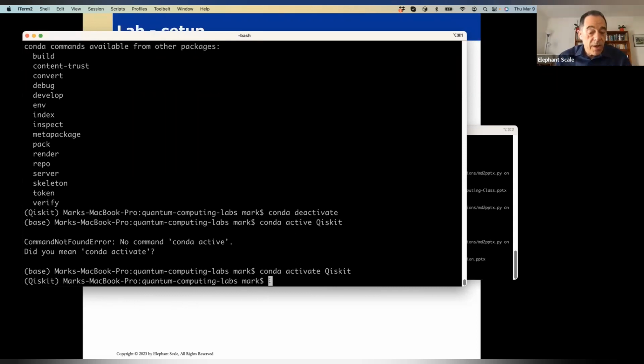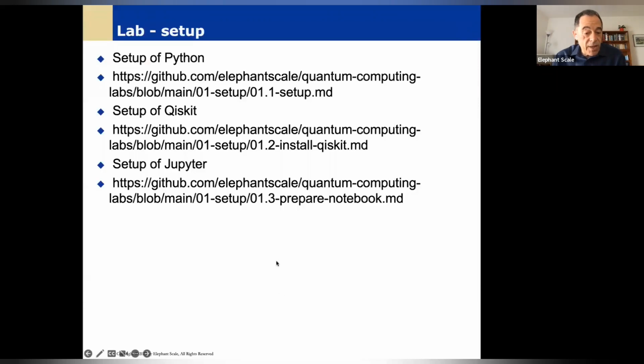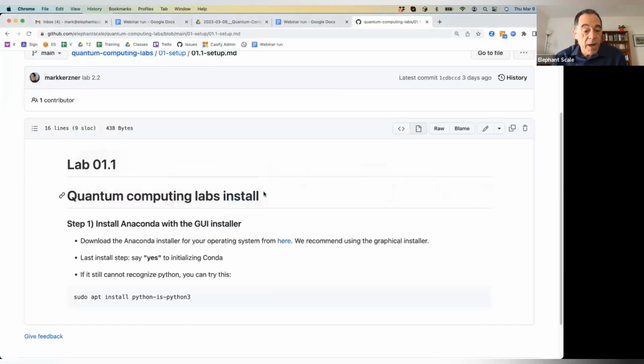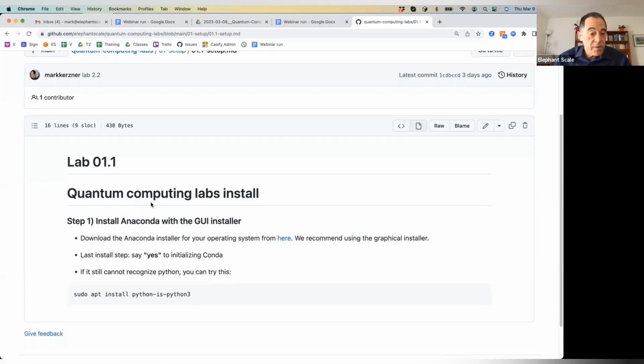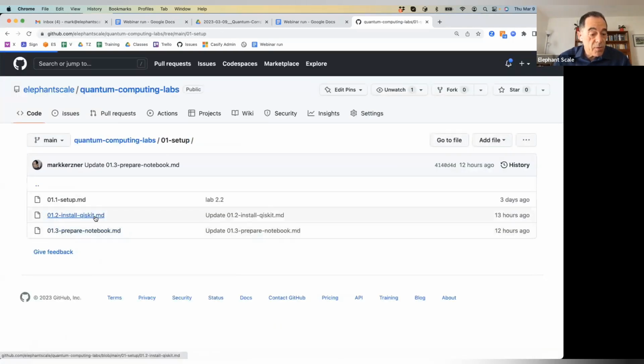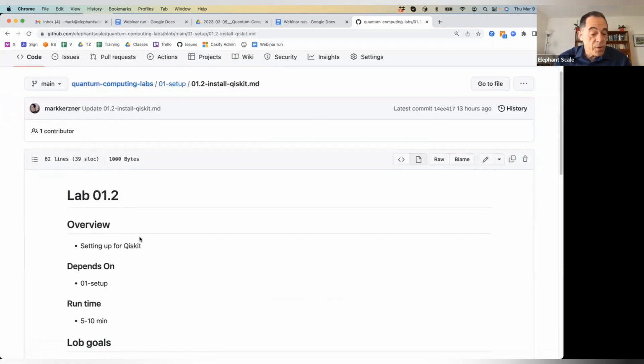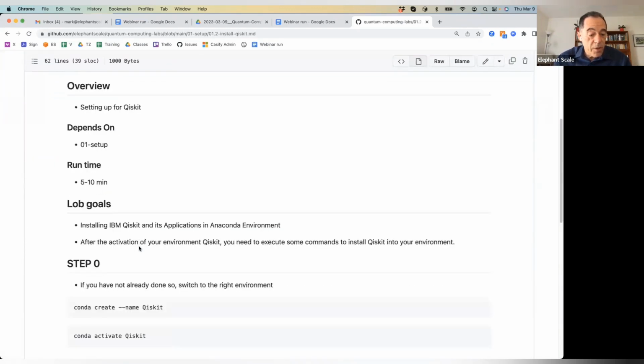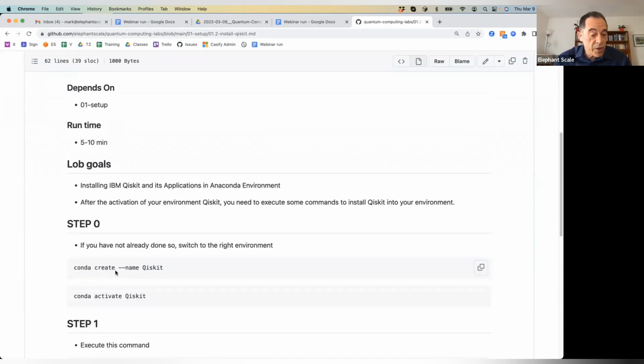So I'm here. The next thing that you need to do, and that's all described in the labs, how you do it. But we say that you first install Anaconda. Of course, you can do something else, but I know that that works. So you do this. The next step is you install the library. Let's look at what you need to install. You need to install, first of all, create a new environment called Qiskit, or just activate this.